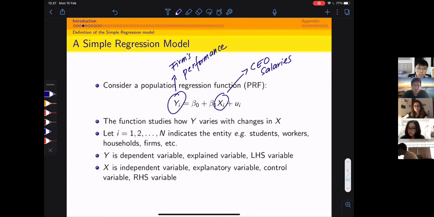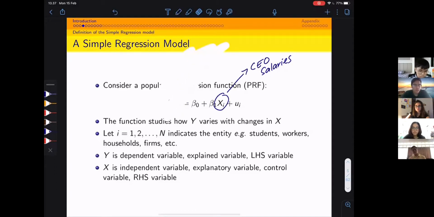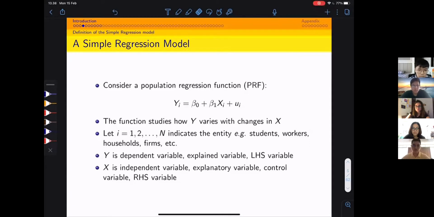Okay, so I'm going to go through, bit by bit, the features of this function. Okay, and so I would just want to remind you that we have the notion of population, and we also have the notion of sample. In this particular case, we start with a population regression function.